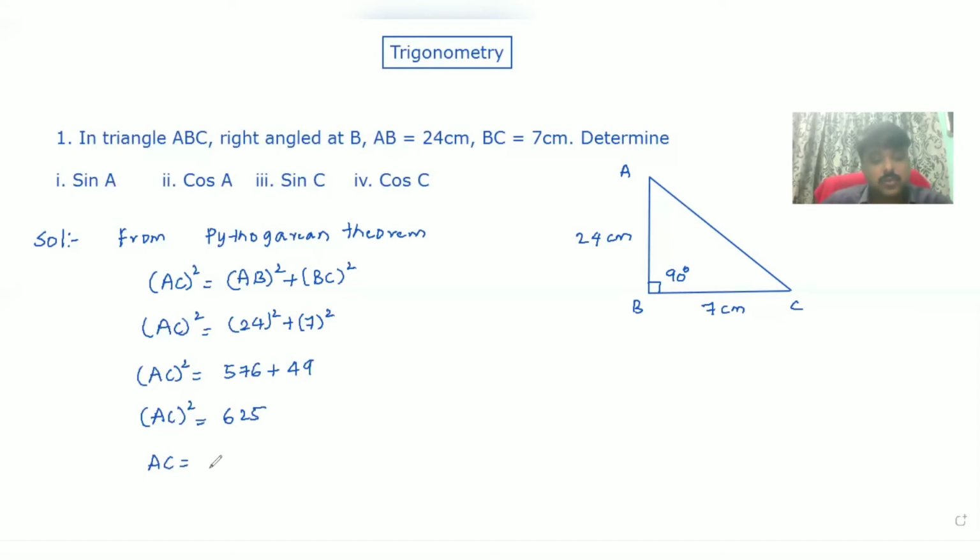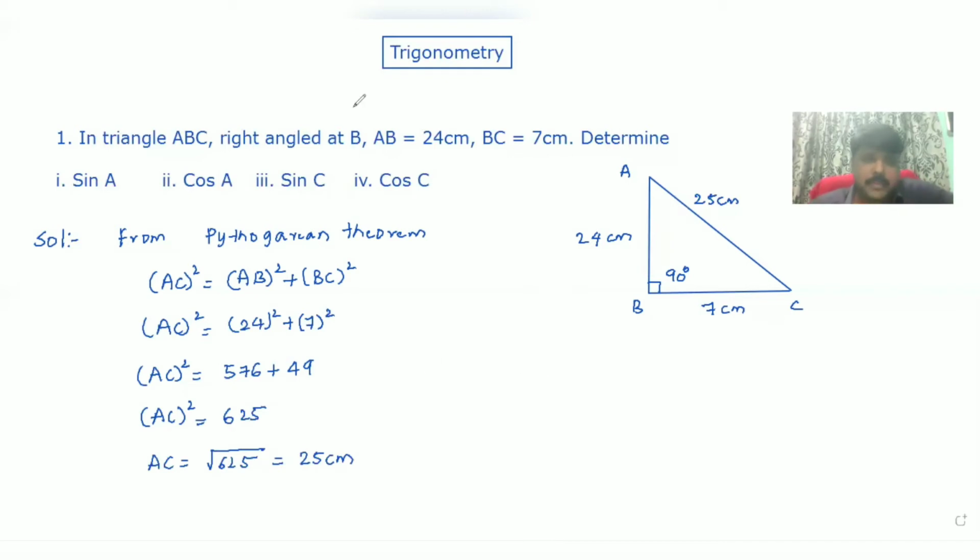AC equals the square root of 625. We get generally plus or minus 25, but we never take lengths as negative. Hence, we take it as 25. Therefore, the value of AC is 25 centimeters.